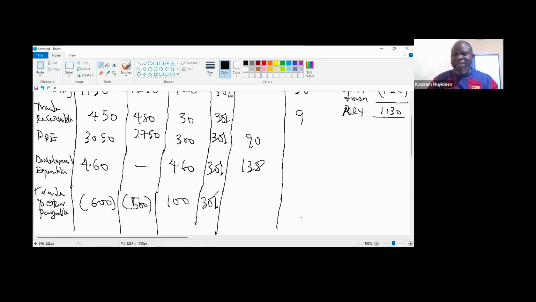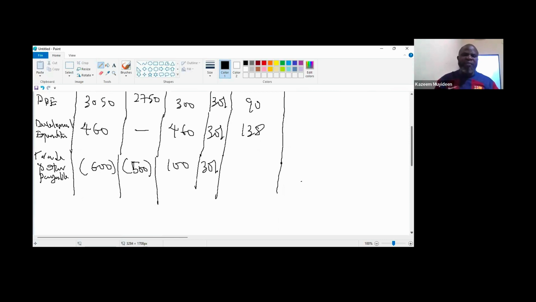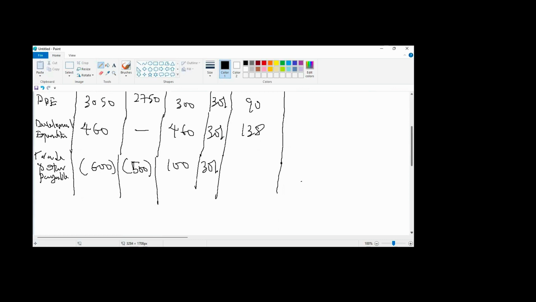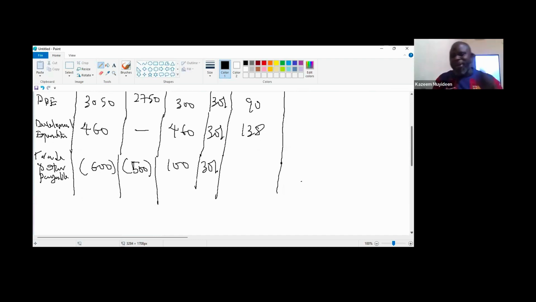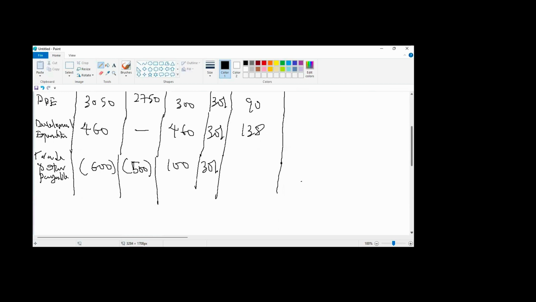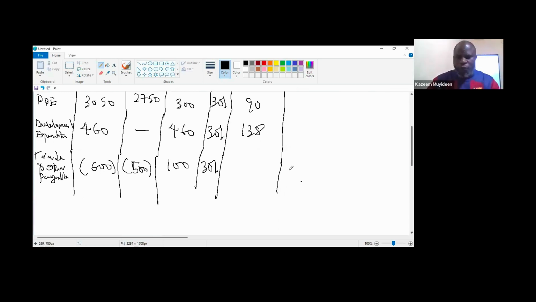Do you see a deferred tax asset or a deferred tax liability? It's an asset. Why? Because minus 500 is greater than minus 600. So 30% of 100 will give me 30.